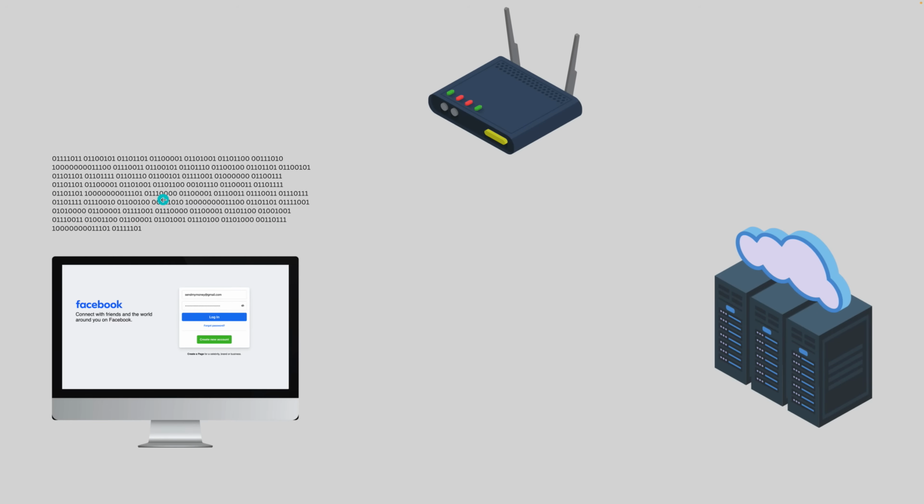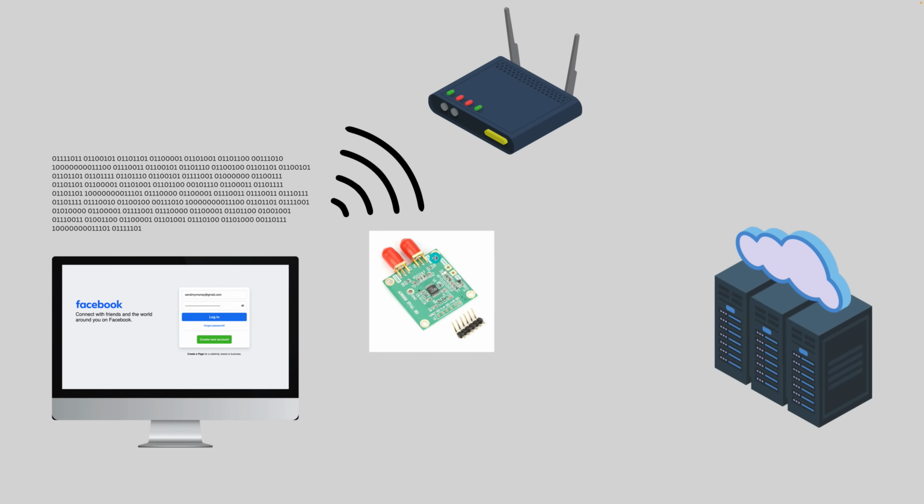And then it converts it to binary, and then it sends it to our router through some sort of wireless means. Now, if I was there snooping around trying to get this binary data, I can actually get this binary data relatively easily using this machine over here.